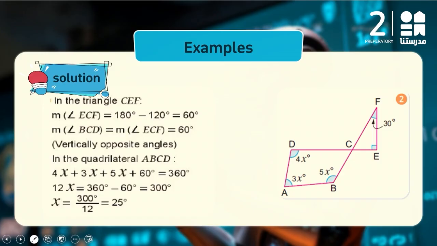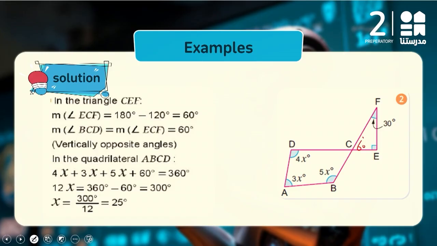So the measure of angle ECF equals 180, the sum of interior angles of the triangle, minus 120. So 180 degrees minus 120 equals 60 degrees. So we have this angle equals 60 degrees.